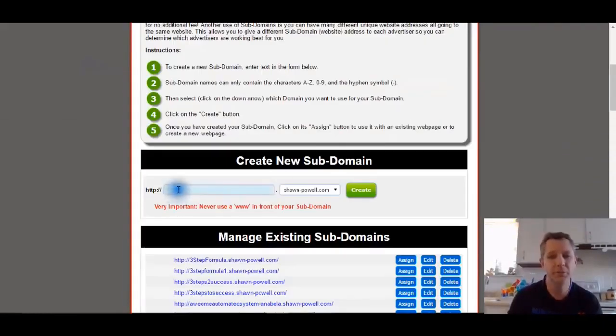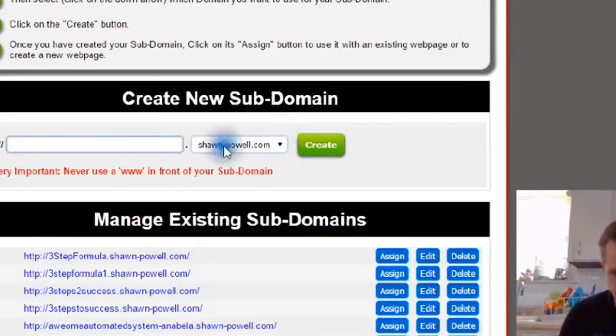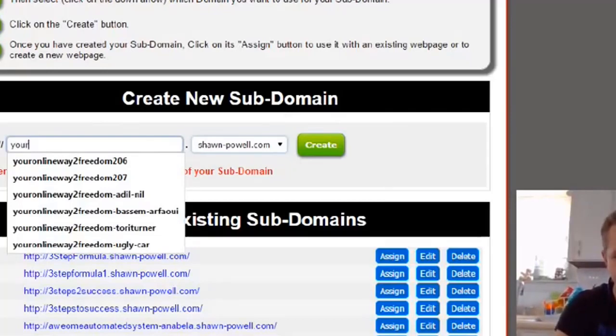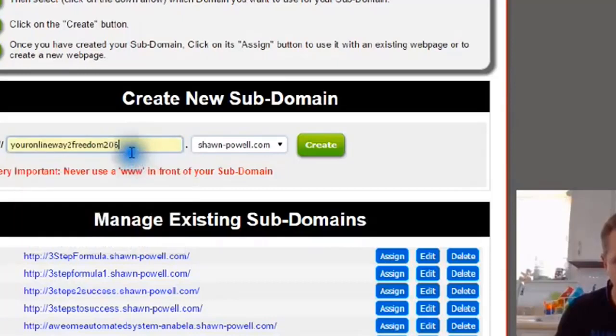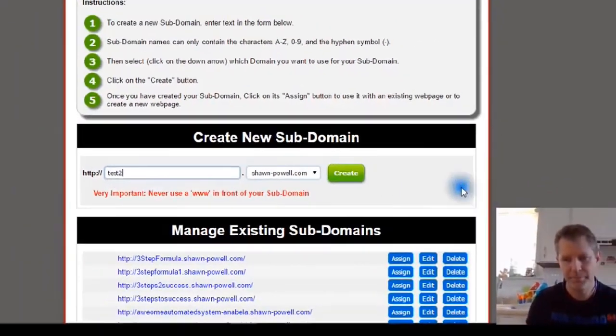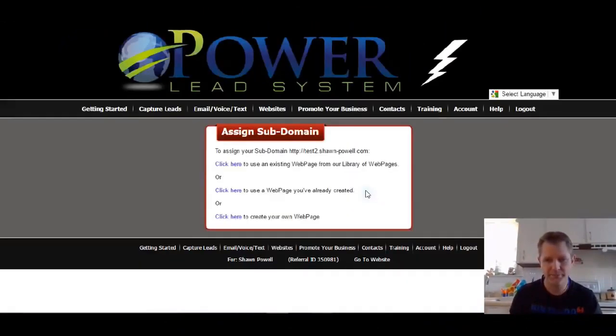What we're actually going to be doing here is we're going to type in a domain right here. Now, here's a big trick, a subdomain to go with a domain. You see this part right here is the domain part, right? So what I'm actually going to do is type in whatever you want to call it. It doesn't even matter. Let's do easier now. Let's go test 2. Okay, and now we're going to create.